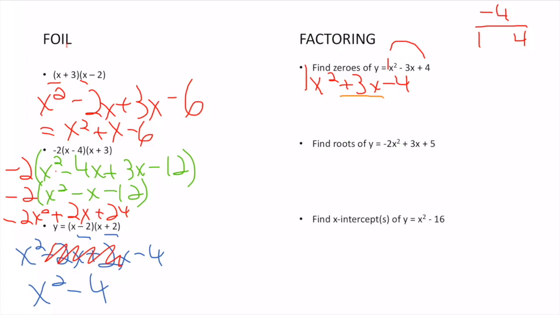So in this case, I need to combine the 1 and the 4 to make a +3. So if I do a +4 here and a -1, those multiply to be -4, and add together to be a positive 3.